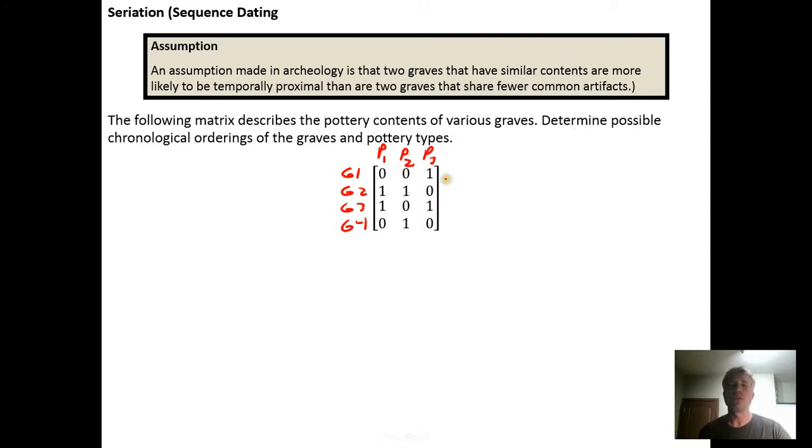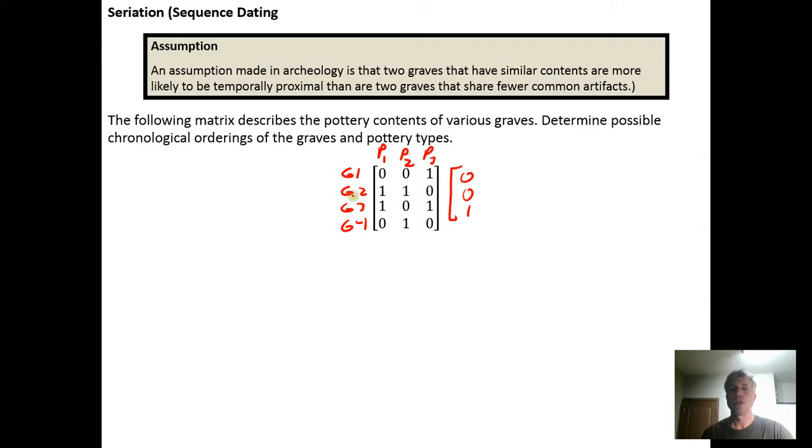And what we do to get the information that we can interpret is we multiply this matrix, this grave pottery style matrix, by its transpose. So remember, for a transpose, the row vectors become the column vectors of the transpose matrix. So right here, row 1, which is 0, 0, 1, becomes column 1: 0, 0, 1. The rows become the columns.